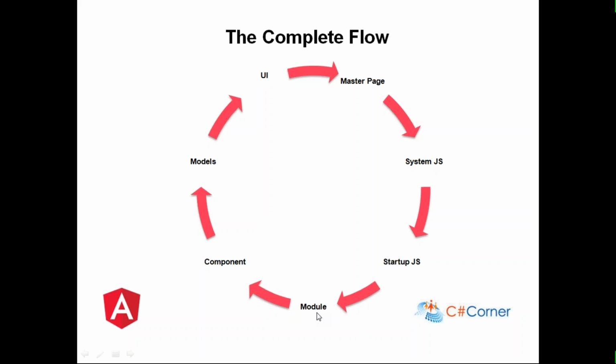Once we find the modules, we find the number of components inside them. During that component iteration, it will bind the models. Finally, it gets the data to load, so the models get passed to the UI, and then the master page gets the required data.